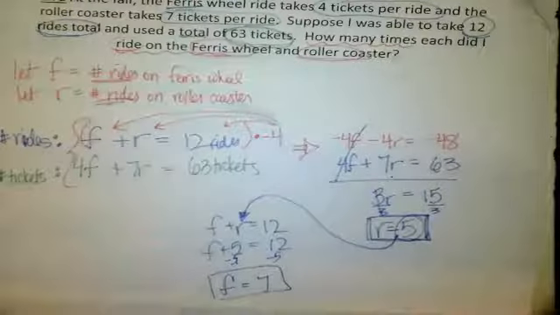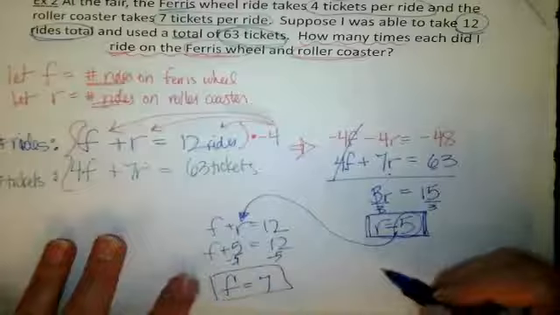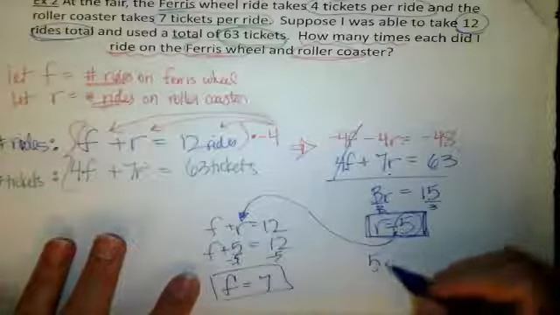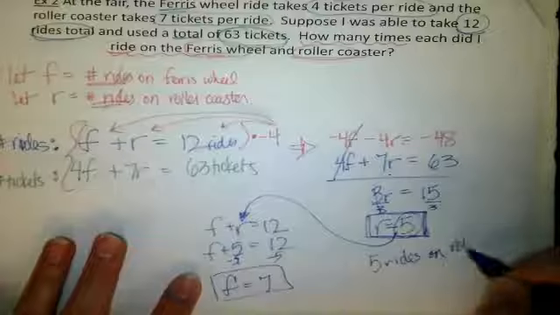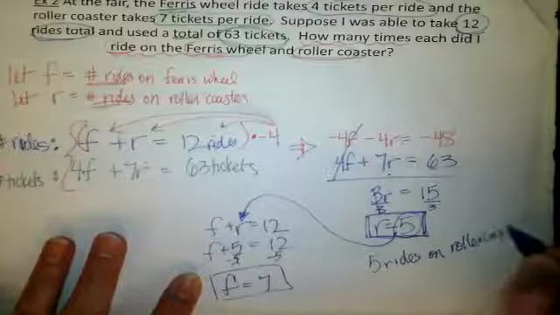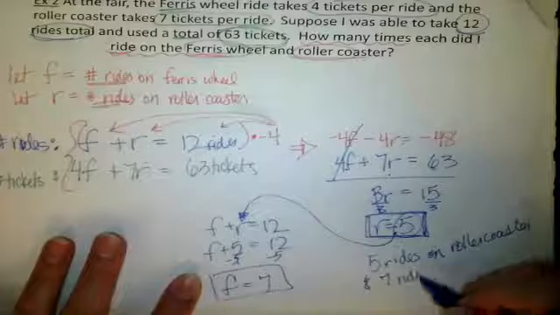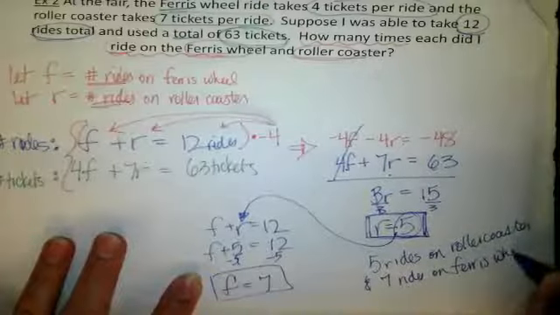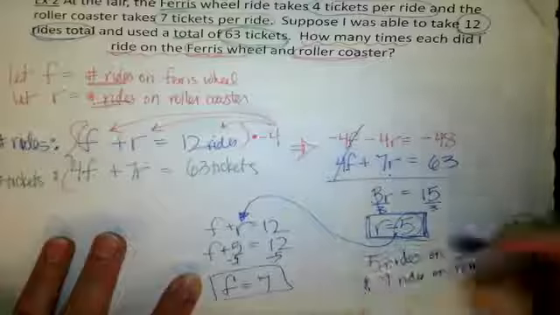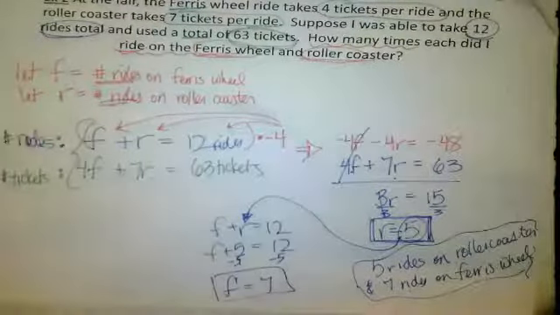So what does that mean? R equals 5 and F equals 7. 5 rides on the roller coaster and 7 rides on the Ferris wheel.